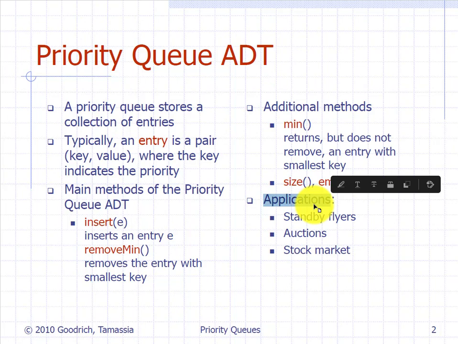And of course, we can associate priority in the stock market with respect to share prices and so on. So there are a lot of applications of this, and I'm sure you can think of many more. It comes up in most problems where we don't want all of our entries to have the same associated key value, but rather a distribution based on their priority.